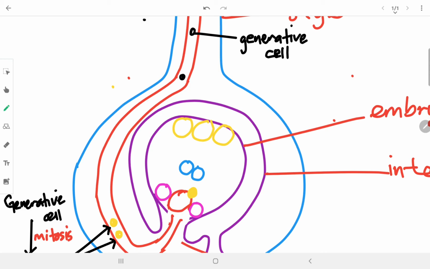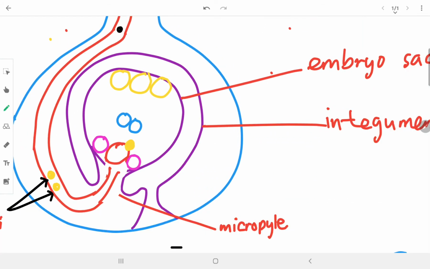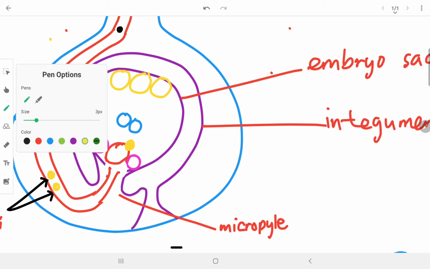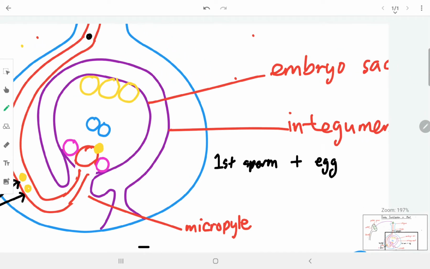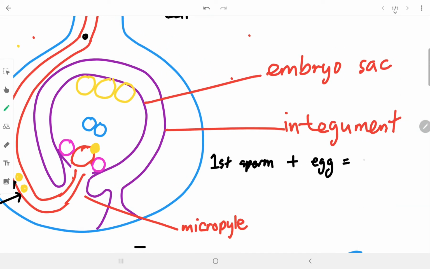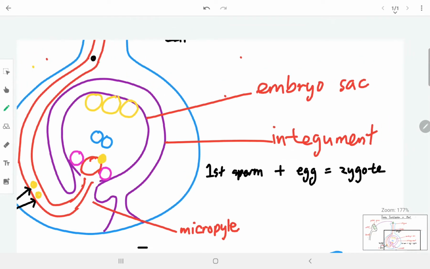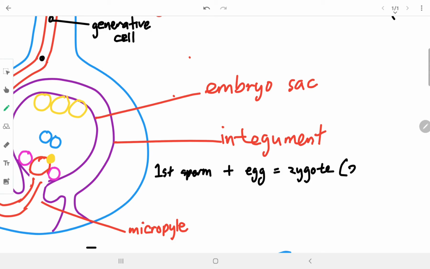Here, the first sperm will fertilize the egg. So first sperm will fuse with the egg to produce zygote, which is diploid.